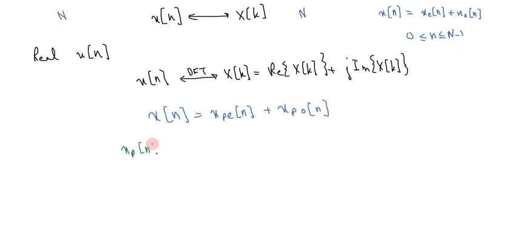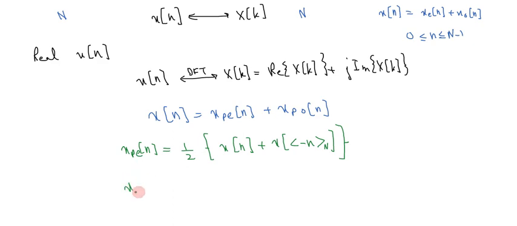Periodic even signal is defined as 1 by 2 x of n plus x of circularly reversed version of x of n. This is periodic even or circular even part of your x of n.